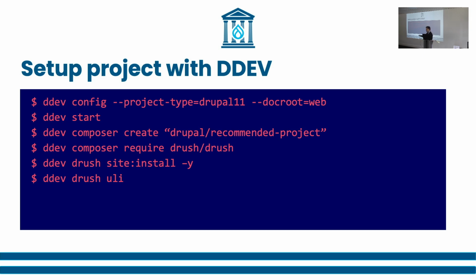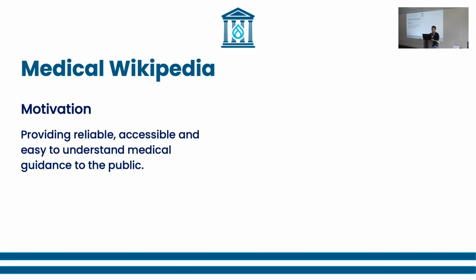I'm going into basics step by step, and the reason is that, again, it's from zero to hero so that everyone can follow. I know that for some of you, this is 1 + 1 equals 2. Then we are setting up the website, and the theme of the website is a medical Wikipedia site.